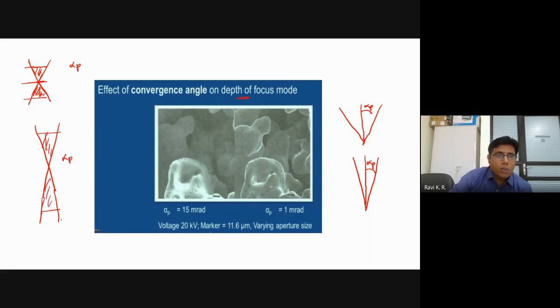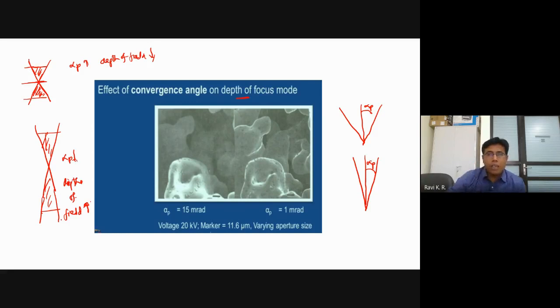So if alpha p is higher, then automatically depth of field is poor. But when you decrease the convergence angle, depth of field is going to be higher. That is what we discussed.